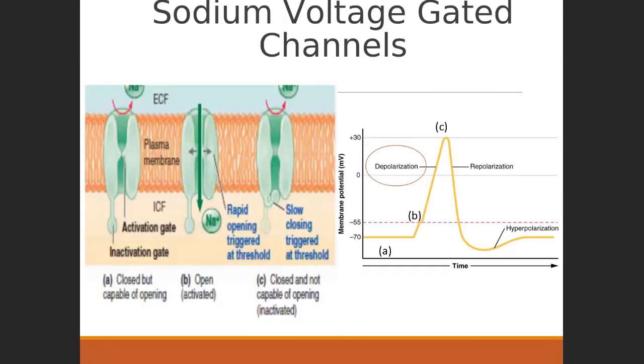Once we hit that threshold, sodium floods into the cell, and the voltage in the cell dramatically changes. It will go from our minus 55 millivolts up to plus 30 as a result of that sodium flooding in.